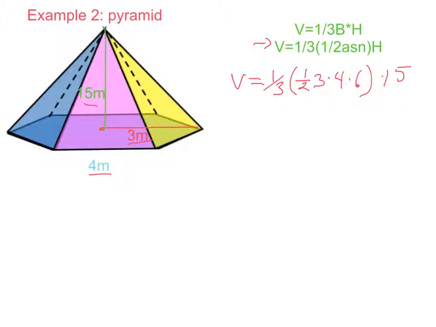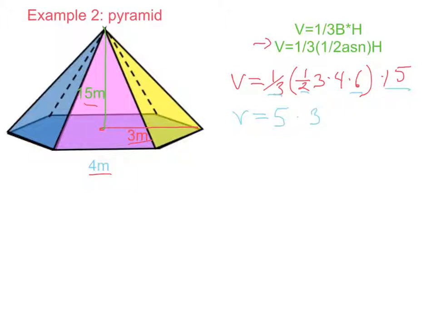Right here, all we need to do is simplify, and then we'll get our volume. So here we have all multiplication, right? So order doesn't matter, and we can simplify as we see fit. Okay? So what I'm going to do is I'm going to say 1/3 times 15. Okay, I know what that is. That's going to be 5. 1/2 times 6. I know what that is. That's going to be 3.